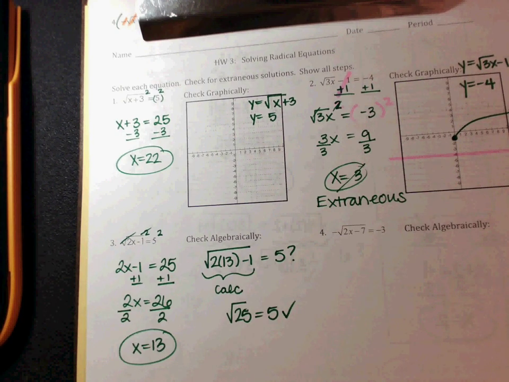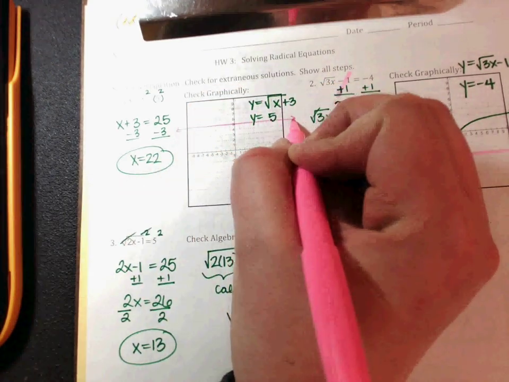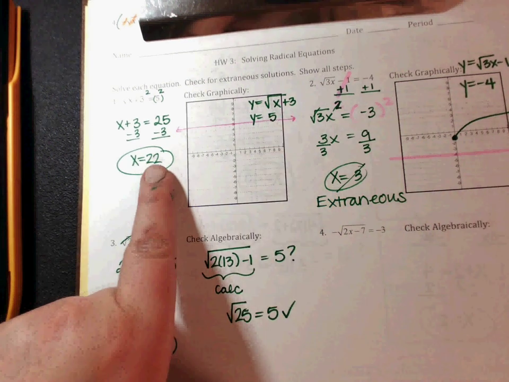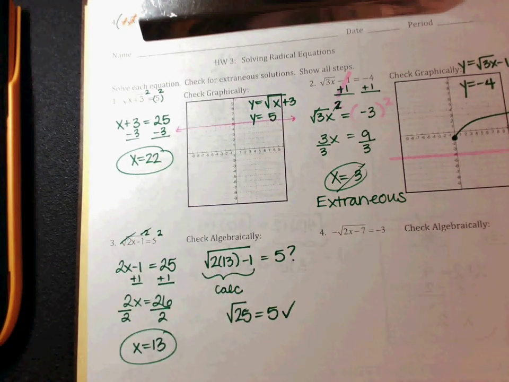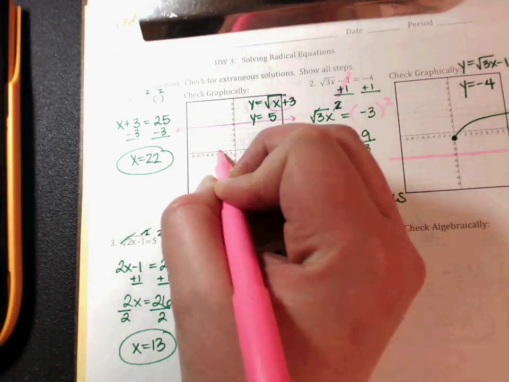Can we just not solve it and just do the graph? Well, you can't because we're not going to do a good enough graph to see it cross at 22. Think about how big your graph would have to be. Okay. And then if it's a positive 3, which way are we shifting? So 1, 2, 3.